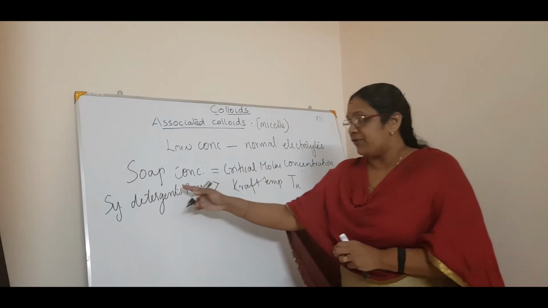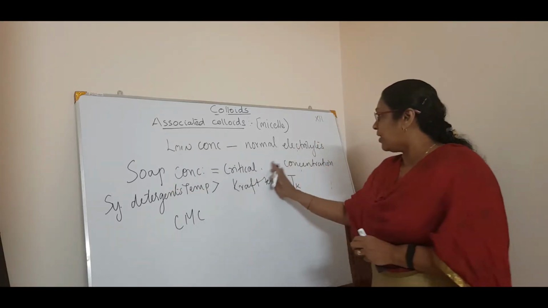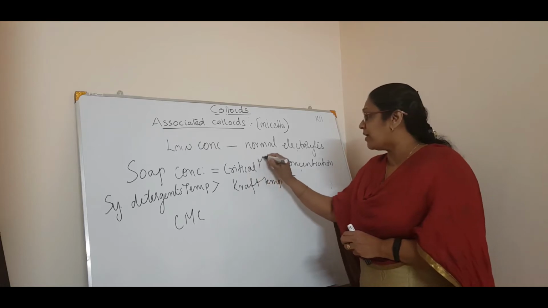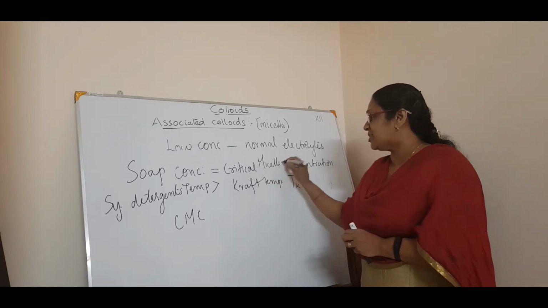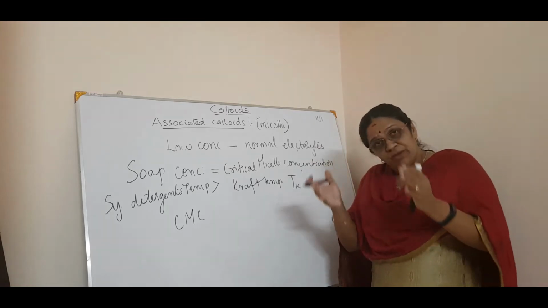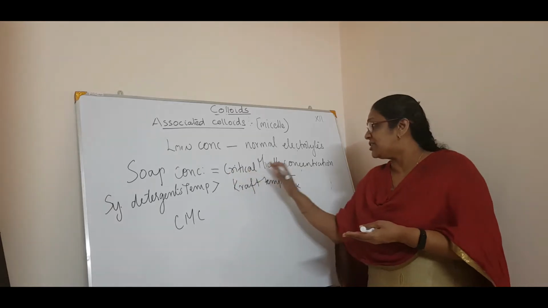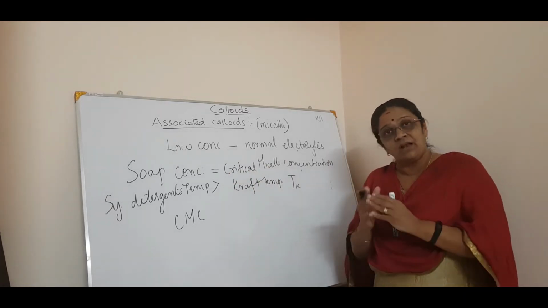And what is CMC? Sorry, not molar. I was wondering why I wrote molar. It is critical micelle concentration, because the micelle is forming. If you want that micelle to be formed, it must be above the critical micelle concentration. Then only the micelle will form.